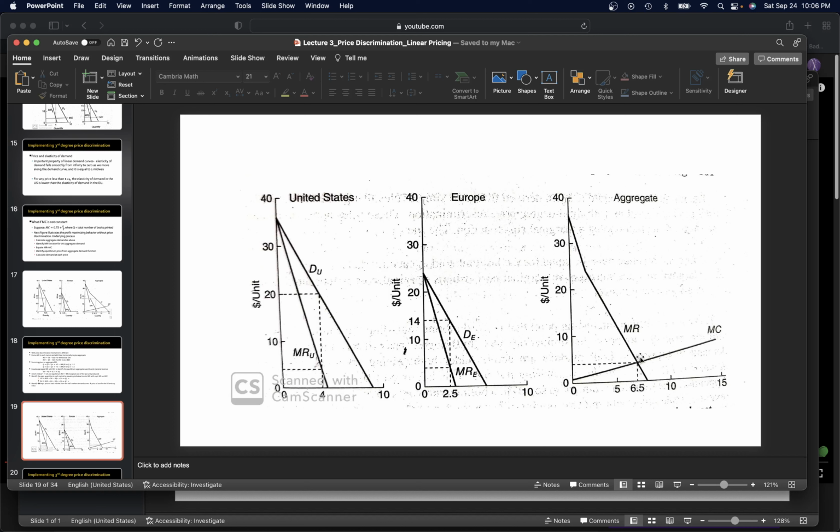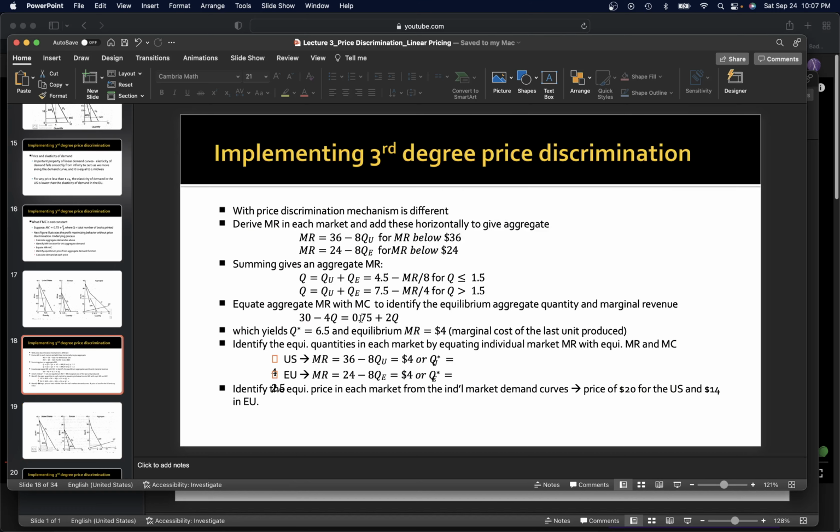So how would you then proceed to know the prices individually? Well, this would also give you the level of marginal cost, which you would equate to marginal revenue in Europe and marginal revenue in the United States, and that will give you the individual quantities here and the individual prices here. So this is exactly the same logic as the math that's described here.